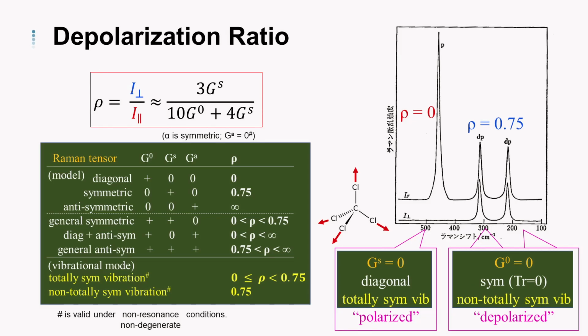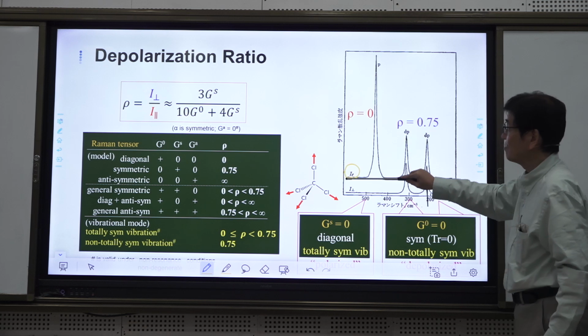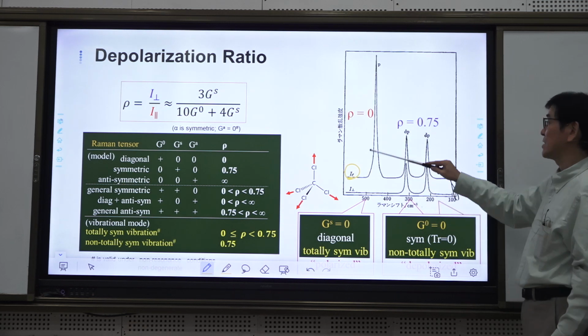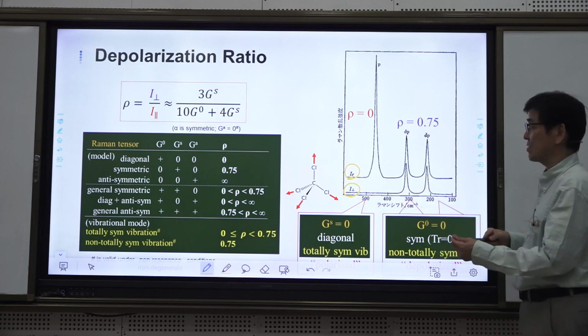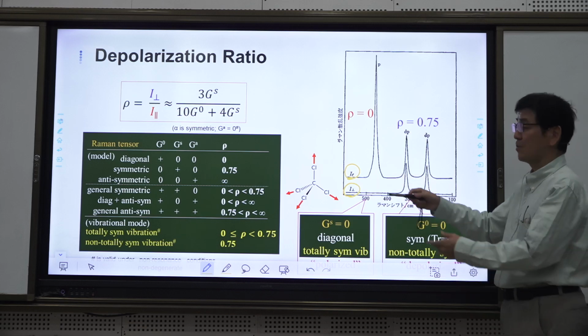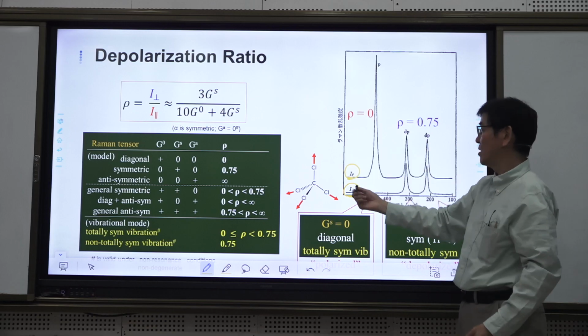So here is an example result of CCl4. This is the parallel component of the Raman scattering. This is the perpendicular component of the Raman scattering. The parallel component has the same polarization as the excitation beam.